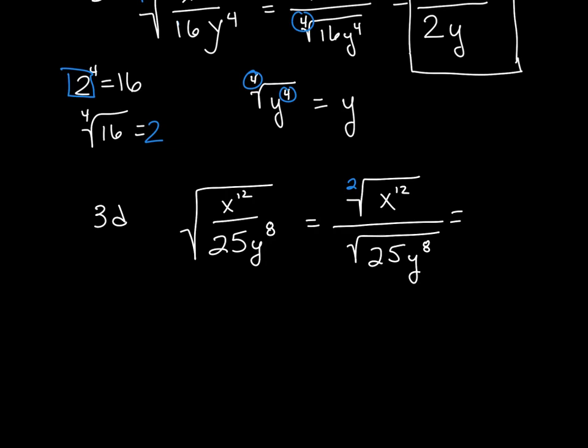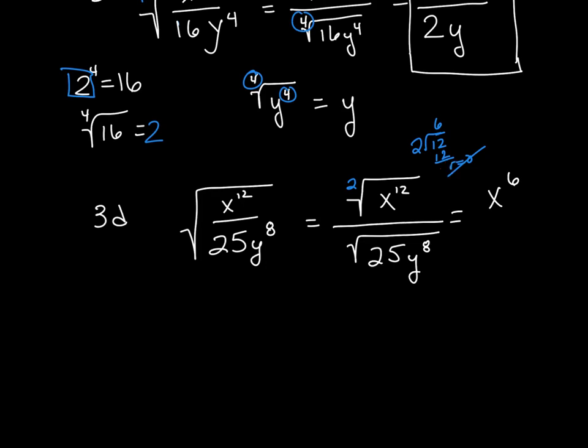And both of these are very nice because I can say that 2 divides evenly into 12. It goes in 6 times, because 6 times 2 is 12 with a remainder of 0, so there's no remainder. So that just comes out of the radical as x to the 6th. Anything that divides evenly comes out of the radical as an exponent, and any remainder would remain inside, but there's not a remainder that stays inside with this one.